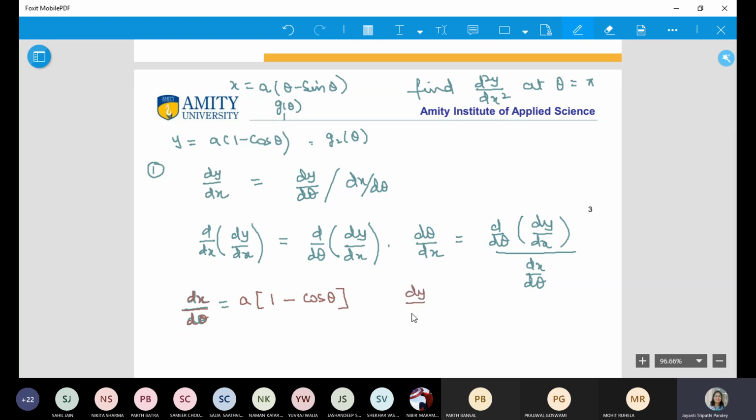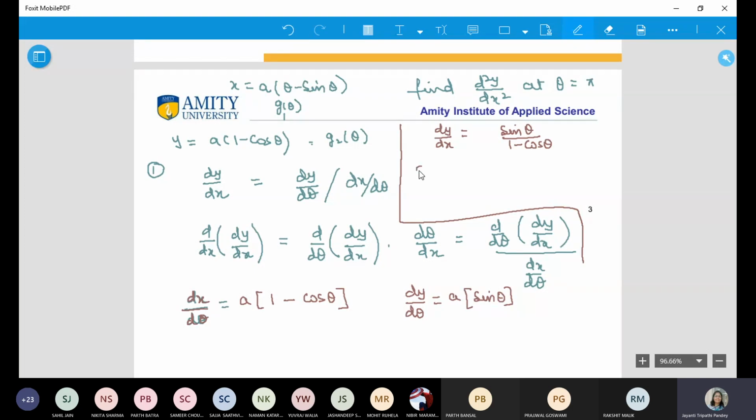And dy by d theta? A is a constant, sine theta. Right? So what is dy by dx for us? Dy by dx is sine theta upon 1 minus cos theta.